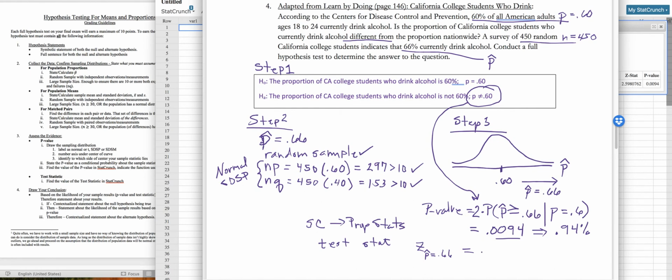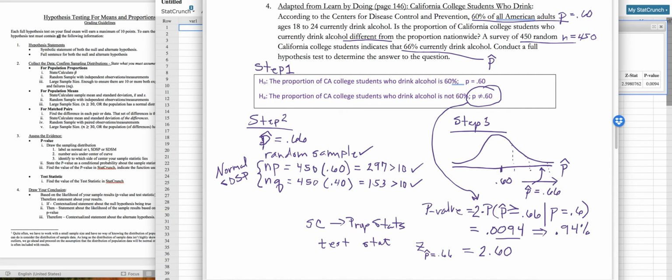Z-stat is our z-score. So if I round to 2 decimal places, that is 2.60. So just to put this together in our picture here, a z-score of about 1 would be there, about 2 would be there, 3 would be there. So my p-hat value is about right in there, 2.6 standard deviations above the mean.